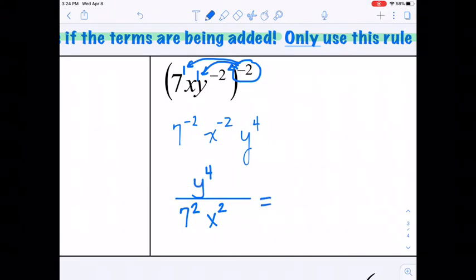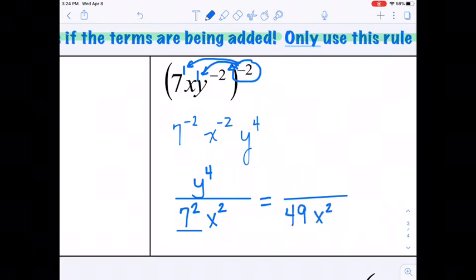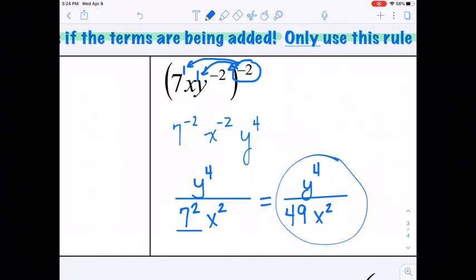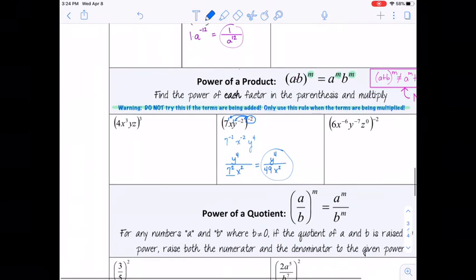The last thing, anytime you have a number with an exponent like that, you want to figure out, well, what is that? 7 squared. 7 times 7 is 49. So I'm going to have 49x squared down here, and y to the 4th still stays up there. You try the other two.